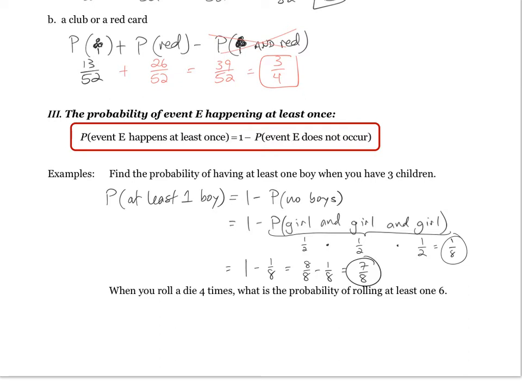All right, next example, when you roll a die 4 times, what is the probability of rolling at least 1 6?